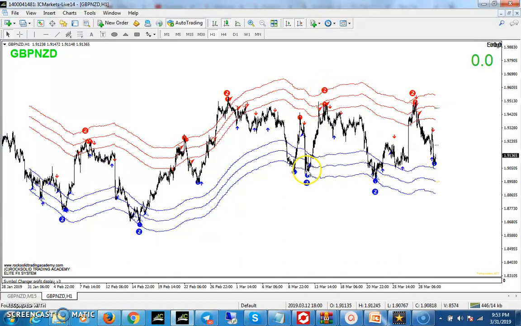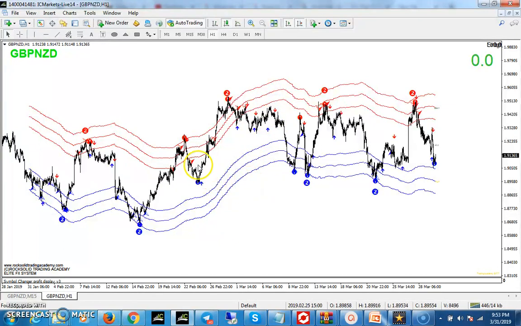Entry is by the butterfly arrow, and then we normally want to TP at either the demand or the supply zone. For example, if I buy here at the demand zone, I want to TP around the supply zone, and then I want to break even when the price is at the middle between the demand and the supply zone.